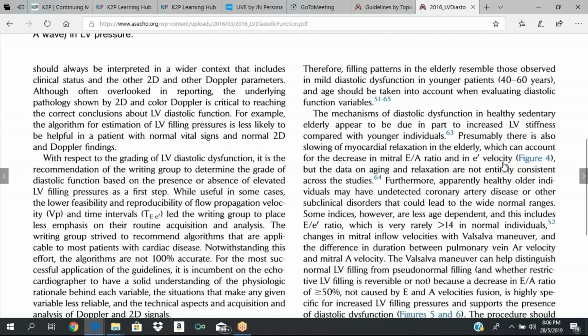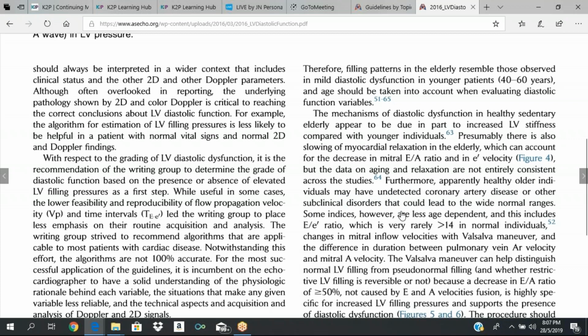So as one gets older, the E gets smaller and the A gets bigger. And you may also get a decrease in your E prime velocity as well. But the data on aging and relaxation are not entirely consistent across the studies. Furthermore, apparently older individuals may have undetected coronary artery disease or other subclinical disorders that could lead to the wide normal ranges.